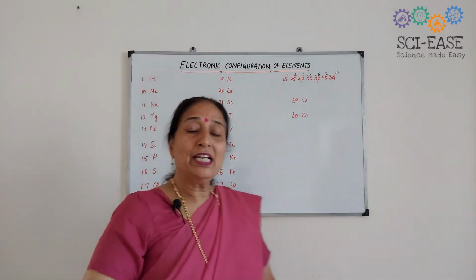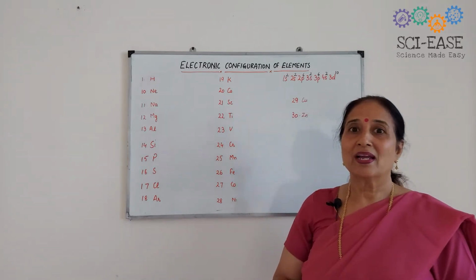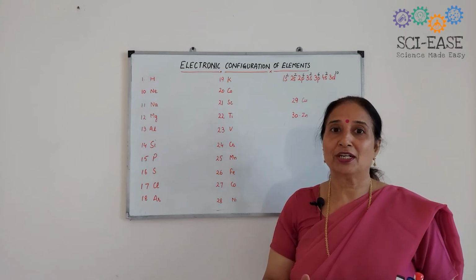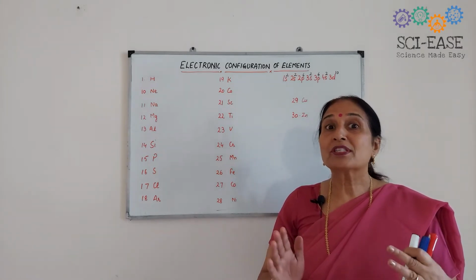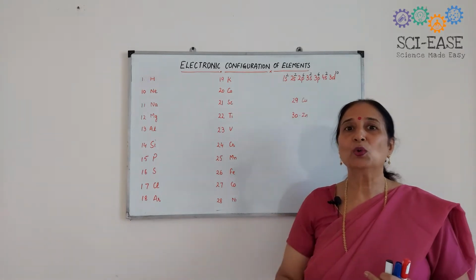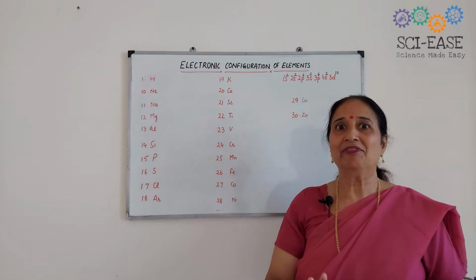Now, when I discussed Hund's rule, I discussed the electronic configuration of some elements, from hydrogen to neon. That you can see from that video.